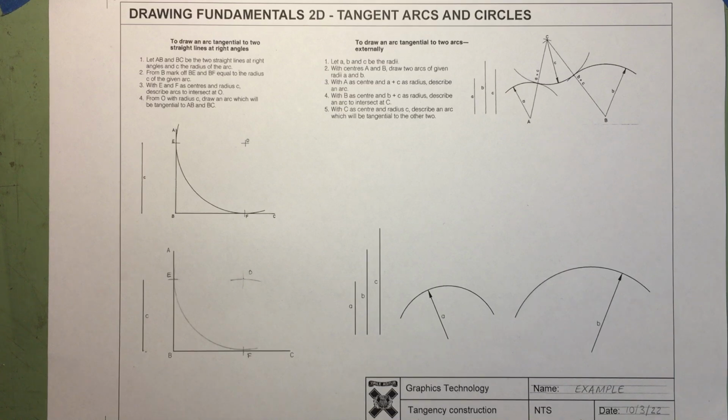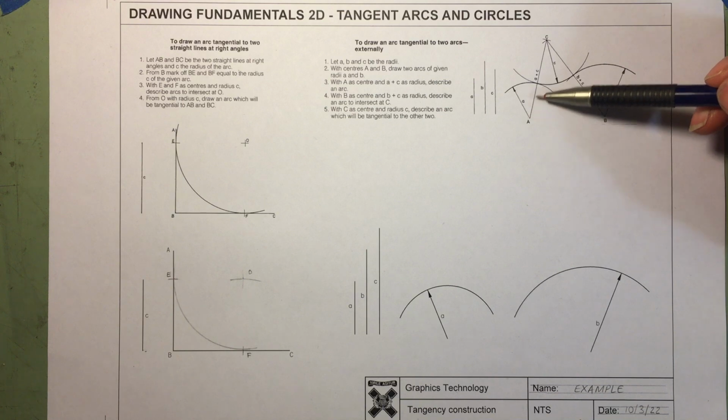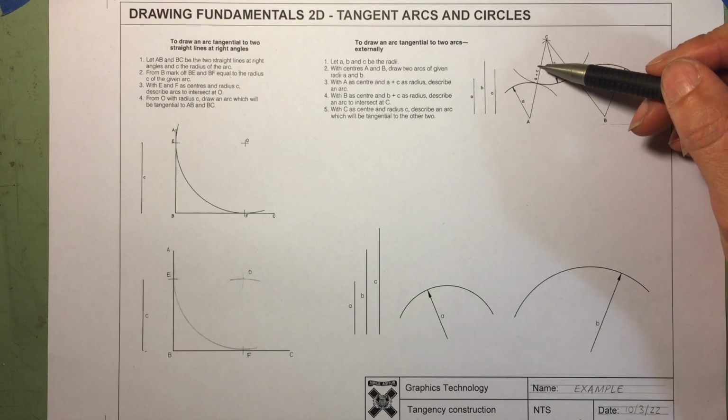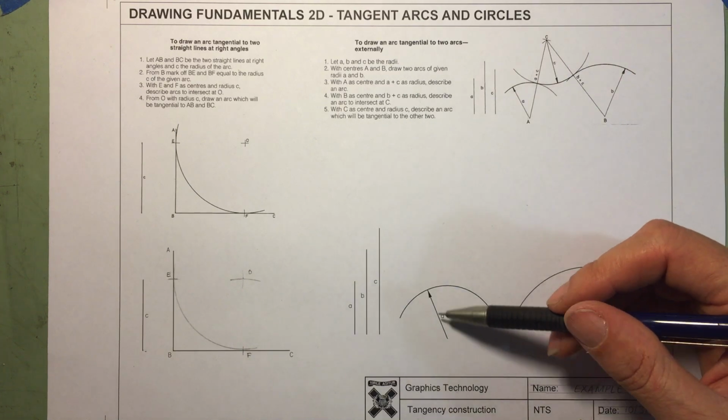Now there's a trick to this, and they highlight the trick up here. This line here is basically the distance of A plus C. So we've got A here.